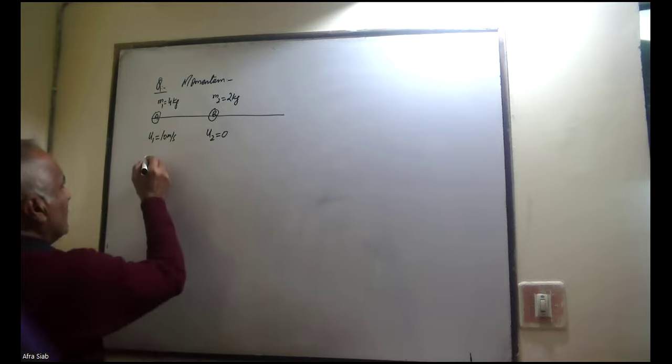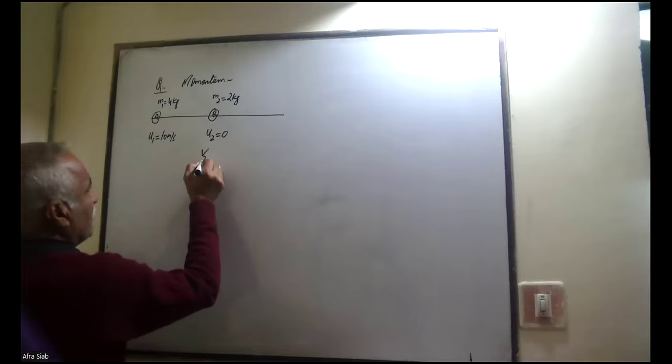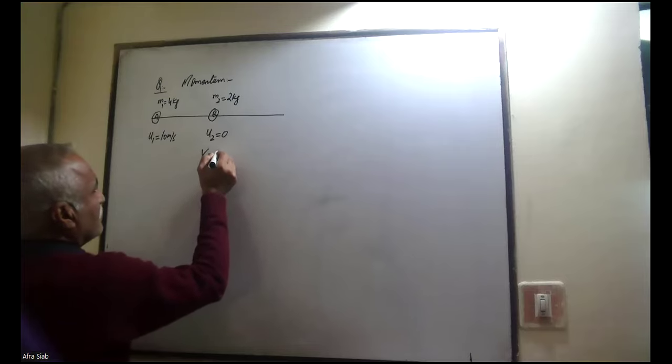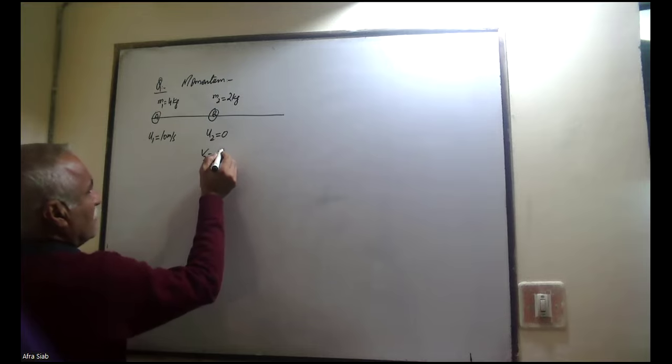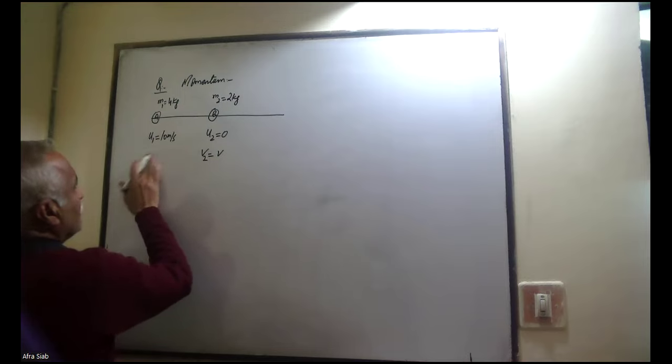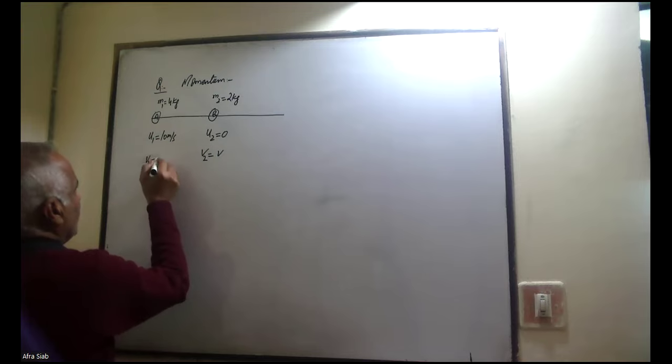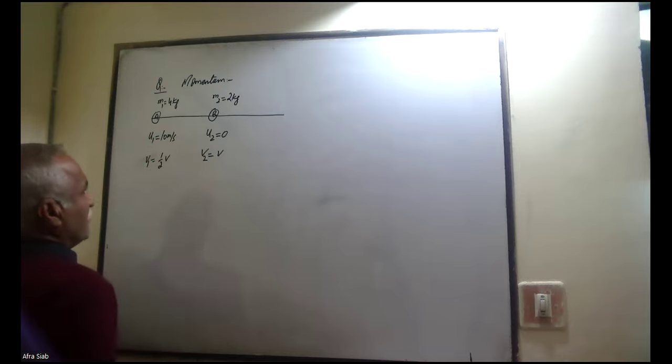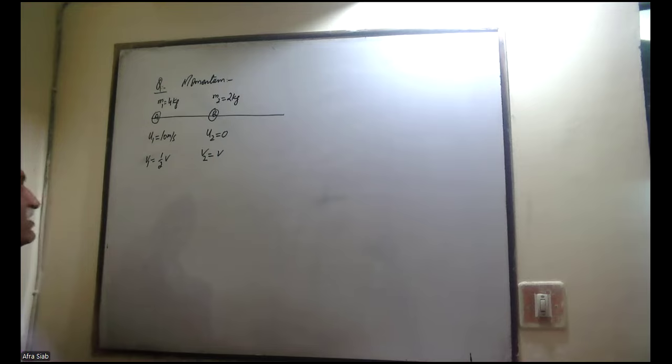Then B is going to move with some speed. So if V2 is equal to V, let's suppose, then V1 will be half of V, because A is moving with half the speed of particle B.